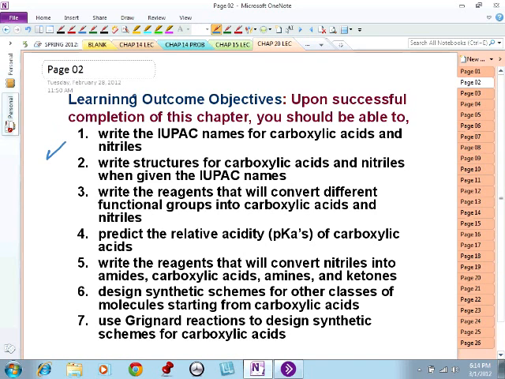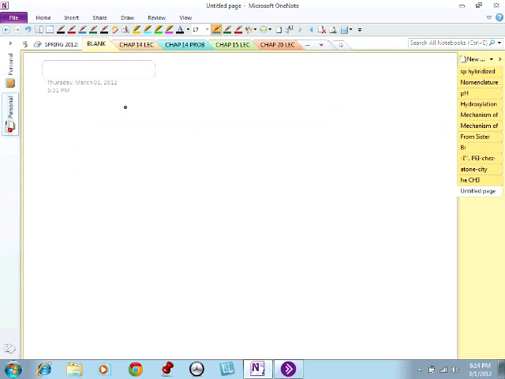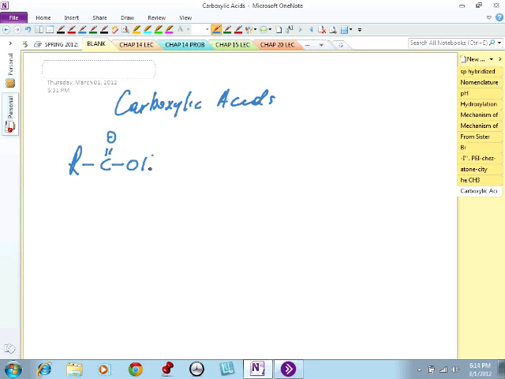Okay, so the question that comes to mind at this point: what are carboxylic acids and nitriles? By now, I'm sure most of you already know what these types of compounds are, so hopefully this will be sort of a review for just about all of you here. Of course, we know carboxylic acids are compounds that are characterized by the presence of what we call a carboxyl group.